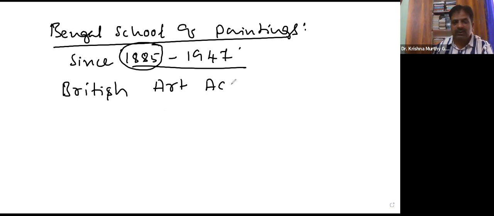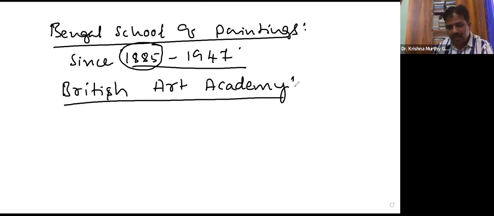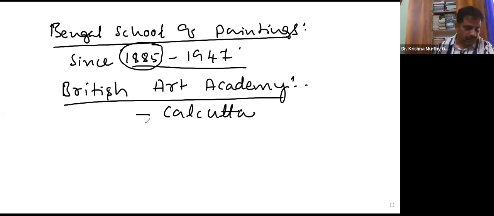Anybody know the Art Academy of the Britishers? It was the first Art Academy of the Britishers in late 19th century India. The headquarters was Calcutta.